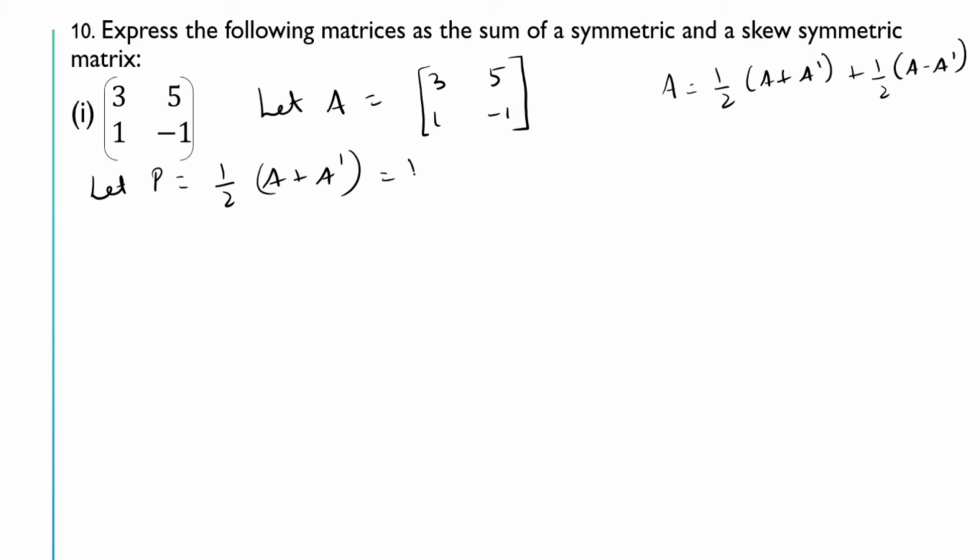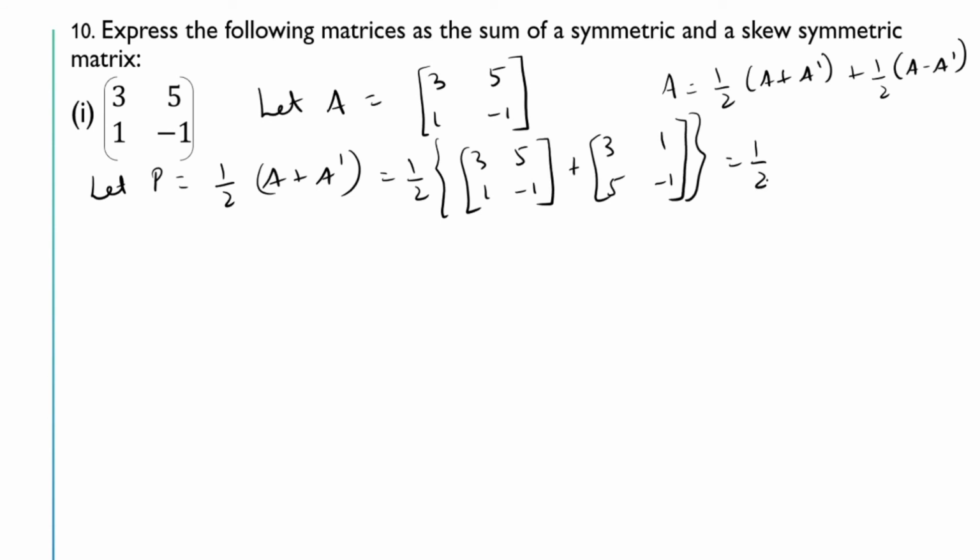So that is equal to half of, so A is the given matrix 3, 5, 1, minus 1 and A transpose is 3, 5, 1, minus 1. So this is equal to half of, adding these two matrices we get 6, 6, 6 and minus 2.